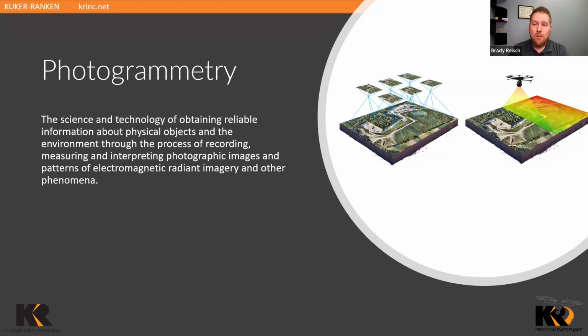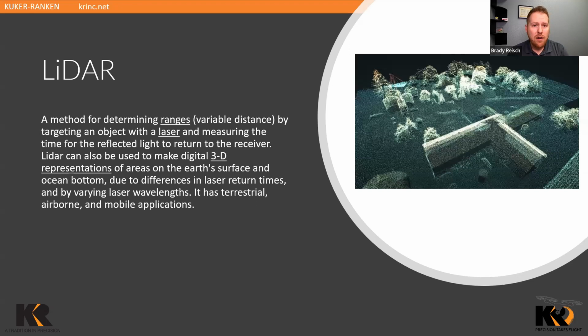One of the other ways is using a LiDAR system, which is light detection and ranging. This essentially is just a laser that gets sent out. And what happens is there's a timer. As soon as it gets sent from the sensor down to the ground or touches something, and then it returns back, it says, hey, I saw something, let's do it again. So it has different amounts of returns, whether that's 2, 5, or 16 returns.